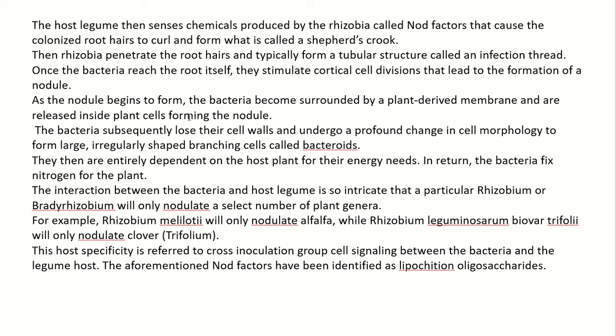This infection causes the nodule. As the nodule begins to form, bacteria become enclosed in a plant-derived membrane and are released inside the plant cell, forming the nodules. So, how a nodule is formed, you can write like this.